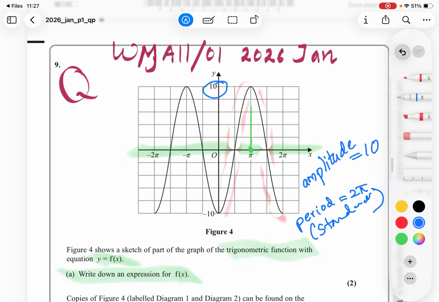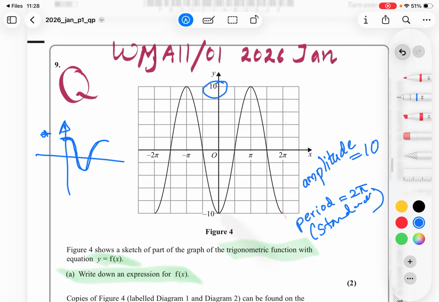By looking at this curve, if I erase the previous information, I can see, usually a cos curve comes like this: it starts with a positive value, comes down like this, and goes up like this.